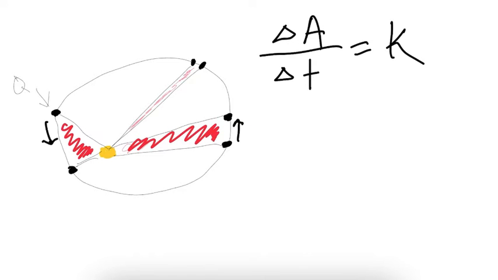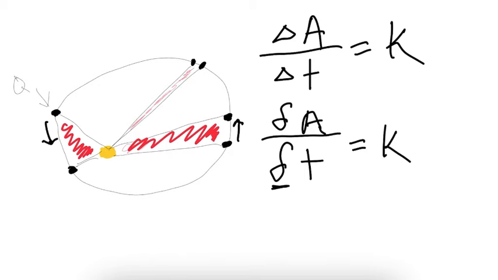Now, Newton had a concept of infinitesimals and limits, and he might say that we could shrink delta t down to some arbitrarily small value or time interval, and we could call that delta t. We're using the lowercase delta, and the area swept out would likewise be a very tiny area, which we would call delta A in that manner, but it would still equal the constant k.